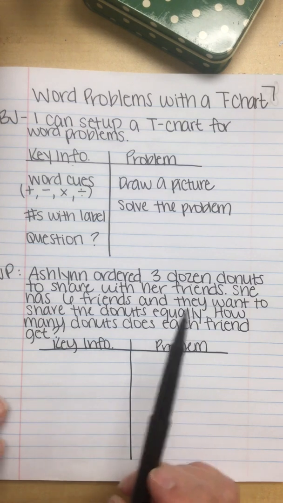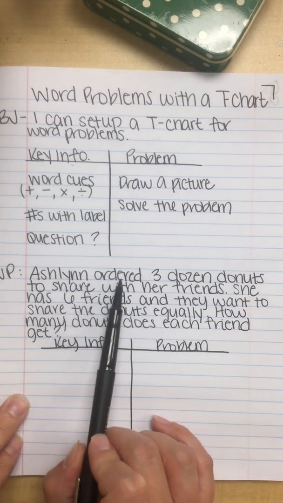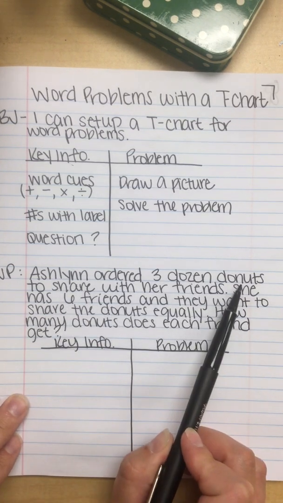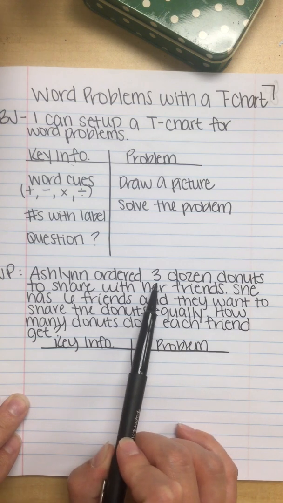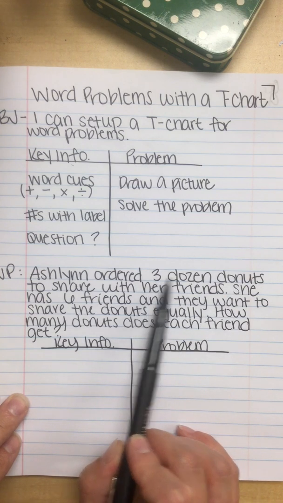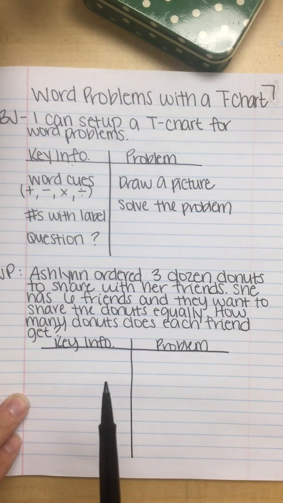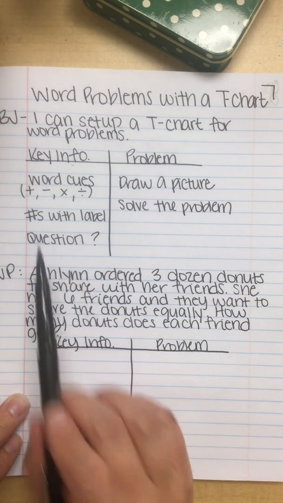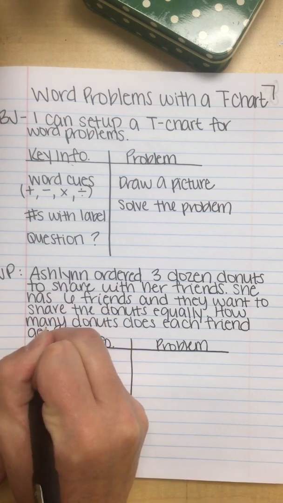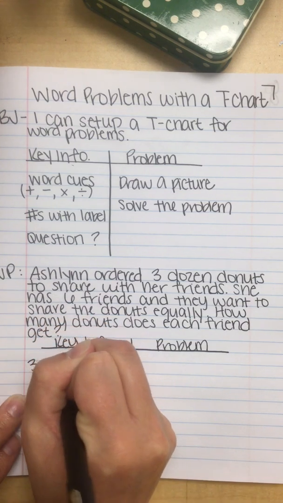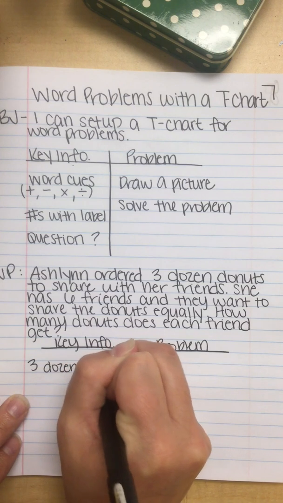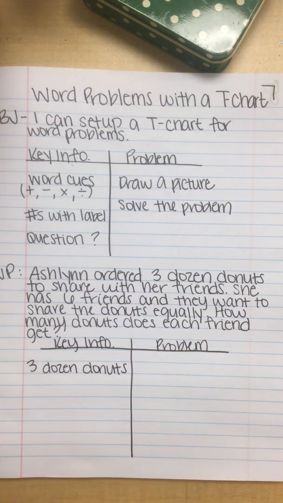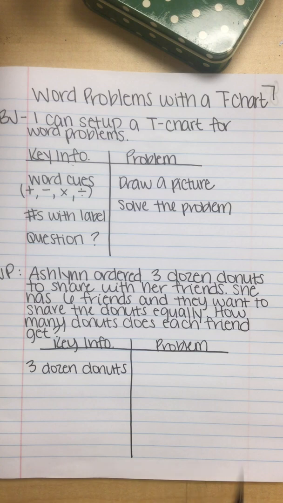So I break it down sentence by sentence. Ashlyn is ordering 3 dozen donuts. Well, we have a number right here. 3 dozen donuts. So the dozen donuts is the label and I am supposed to have labels with my numbers. So I'm going to put 3 dozen donuts. I'm going to keep reading.